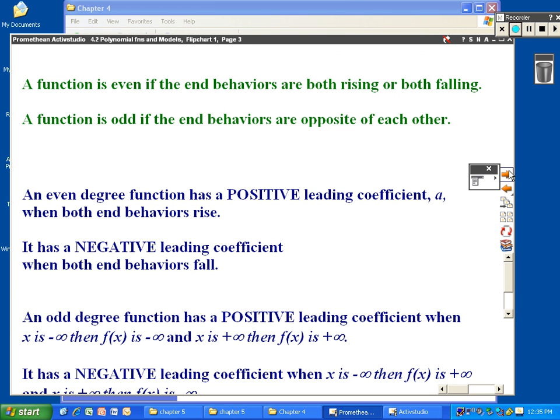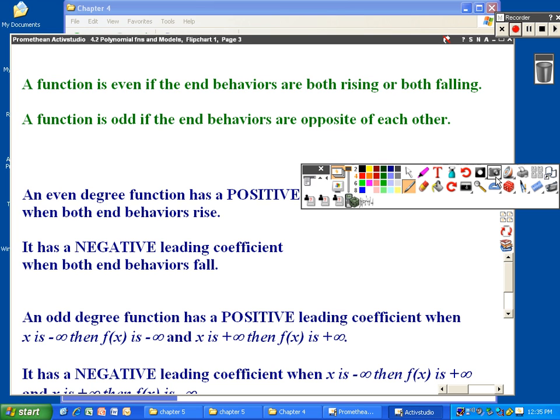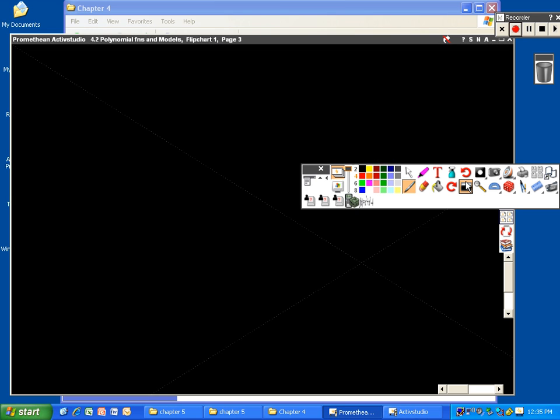A function is called an even function if the end behaviors are both rising or both falling. A function is called an odd function if the end behaviors are the opposite of each other, not to be confused with the degree.